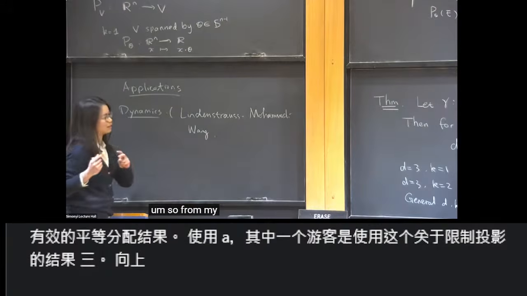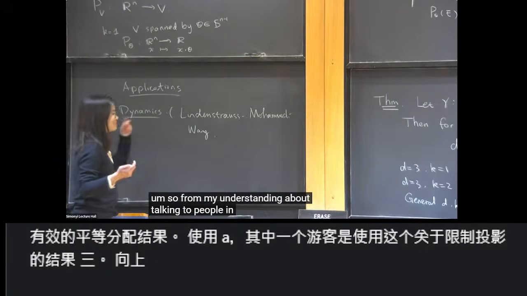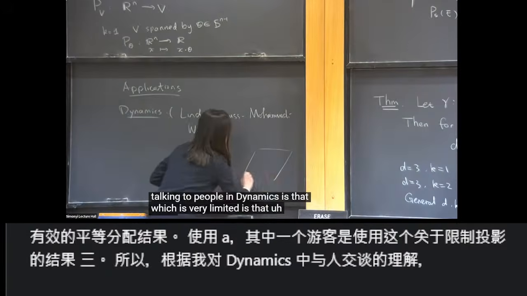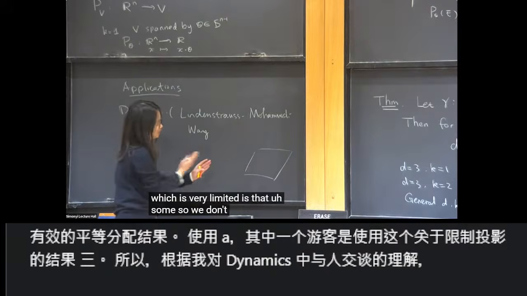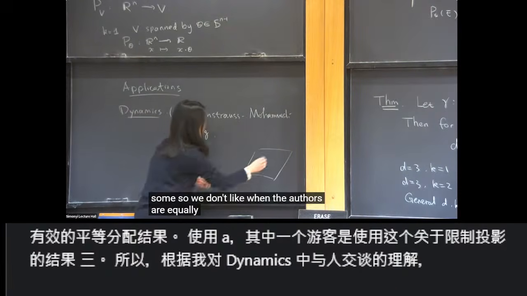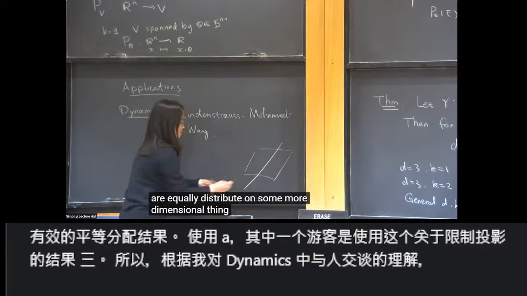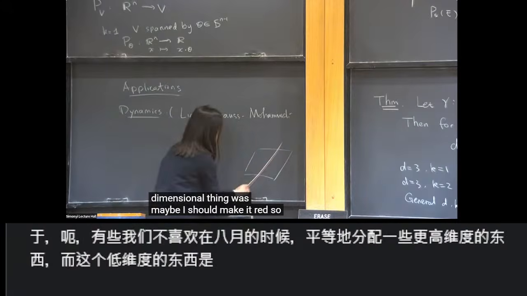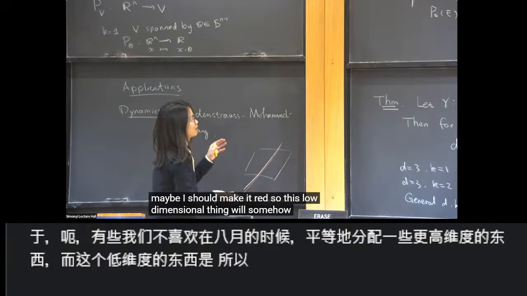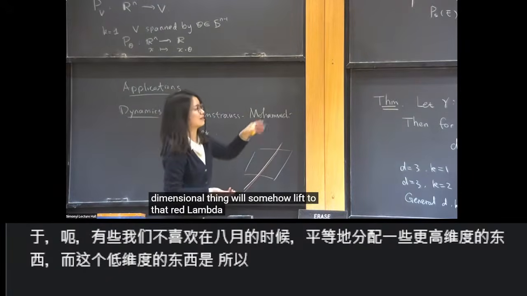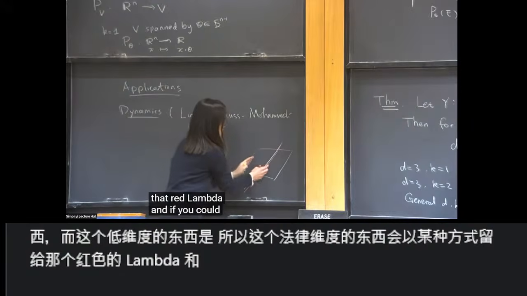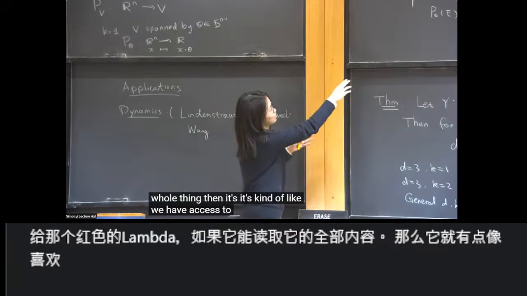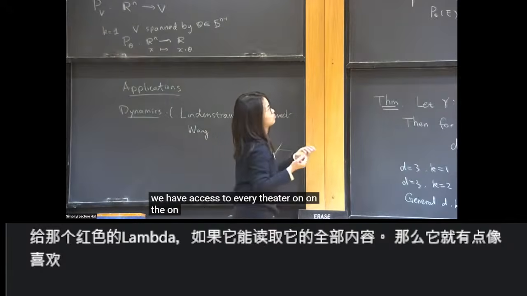From my understanding, talking to people in dynamics, which is very limited, we like it when the orbits are equidistributed on some low dimensional thing, and this low dimensional thing will somehow lift to that red lambda, and if it's equidistributed on the whole thing, then it's kind of like we have access to every theta on the sphere.